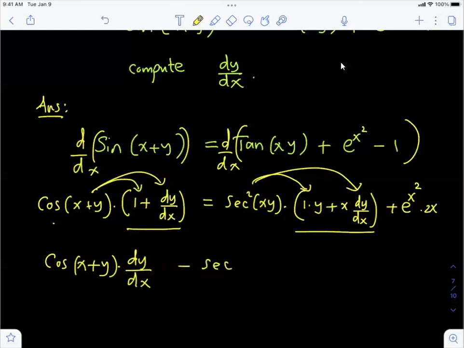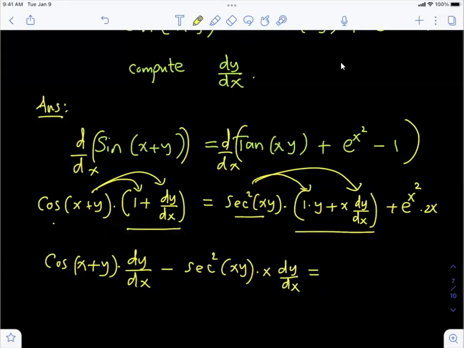Let me do this simplification right away, and let me leave you to work out the details. So I gathered dy dx terms in the left side, so all the other terms should be in the right side.